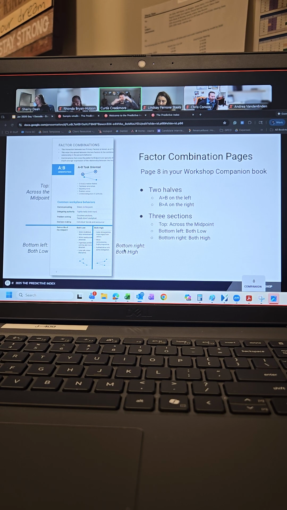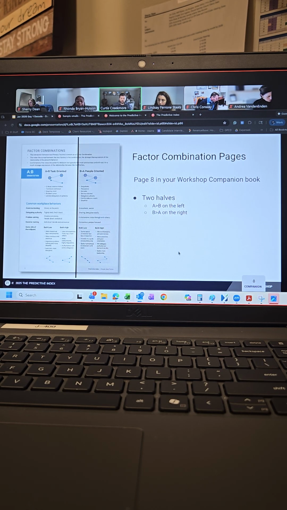So there are two halves of that page, and then there are three sections. It's kind of crazy, but that's how you should interpret the information there. And then also, there are two halves vertically. So on the left-hand side, you have A over B, for example. On the right-hand side, you have B over A. And then you can still also consider this cut here and here.